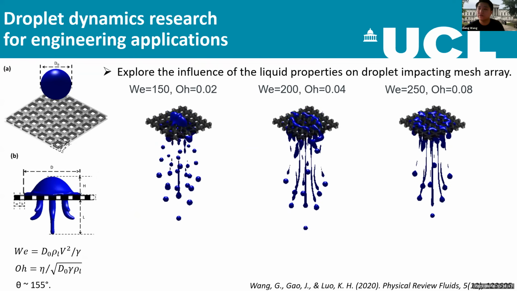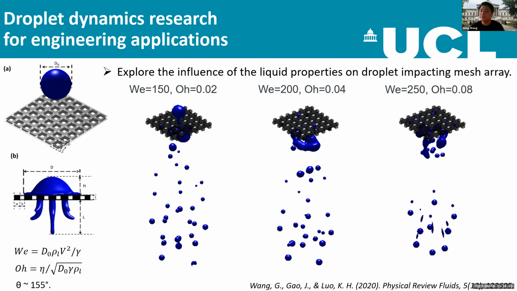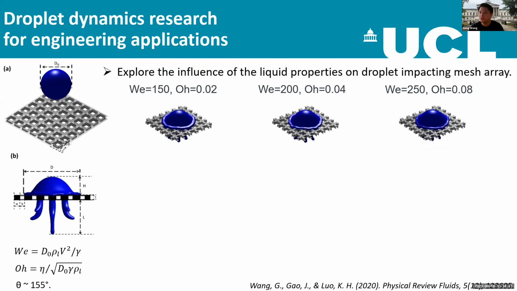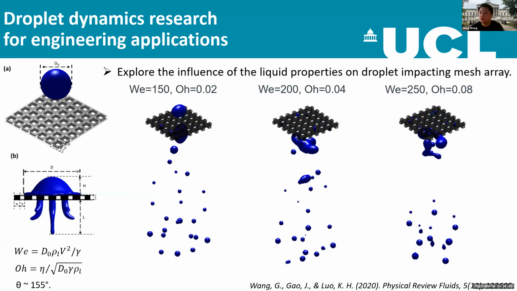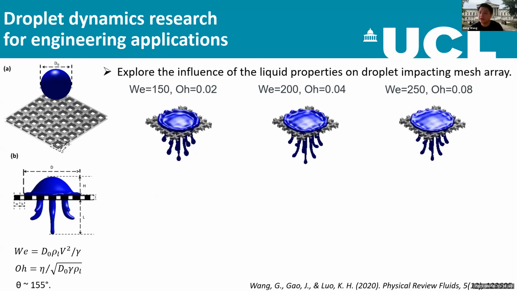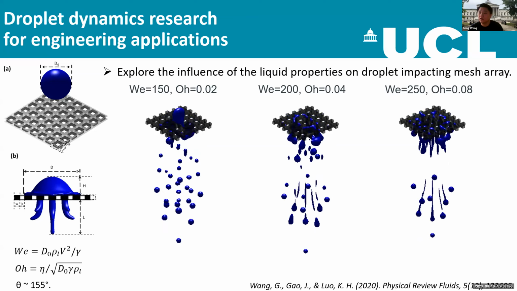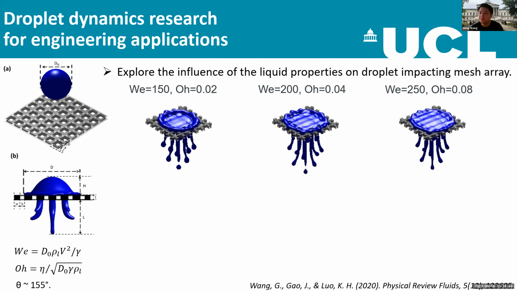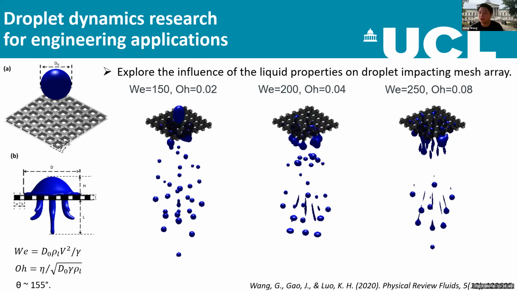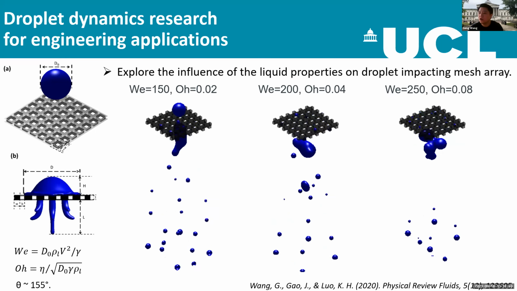In fact, the ULBM has already been adopted to research various realistic droplet dynamics. Here, I would like to introduce a case for engineering applications, which uses the non-orthogonal MRT ULBM to simulate a droplet impacting superhydrophobic masonry.